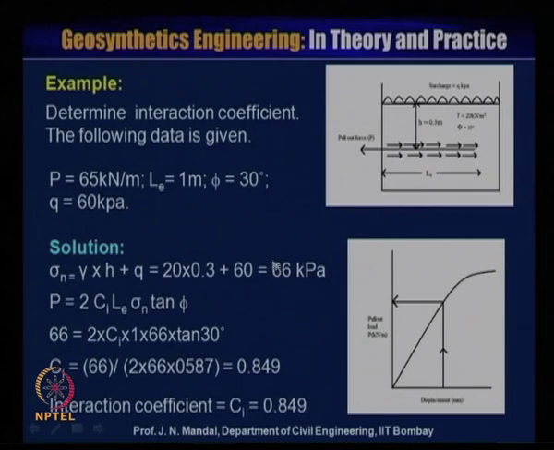Sigma N is equal to 66 kilopascal, and phi is equal to 30 degree. So you can calculate Ci. Ci is equal to 66 divided by 2 into 66 into 0.587, which is equal to 0.849. So the interaction coefficient Ci is 0.849.